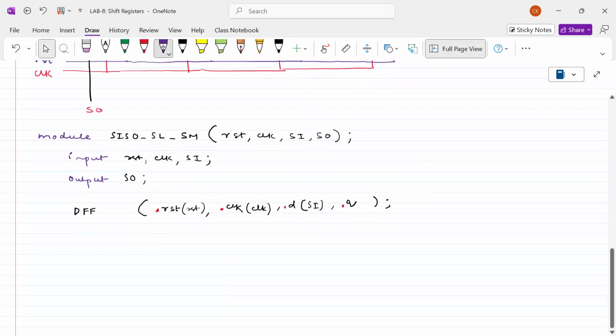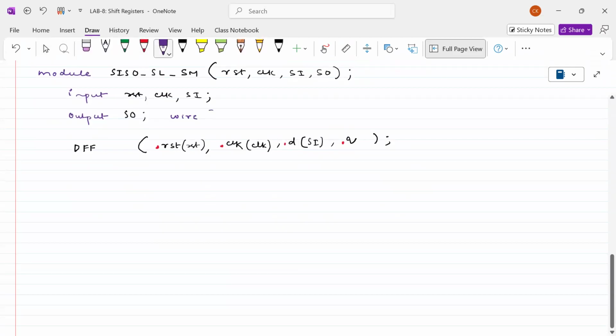Let me write the wire with size 2 down to 0 of T. So the dot Q of this one is connected to T of 0, right?